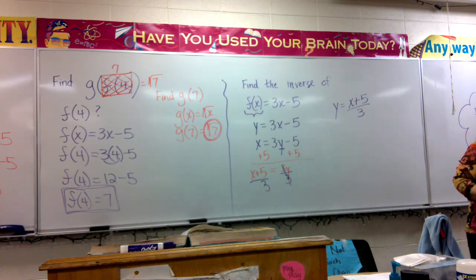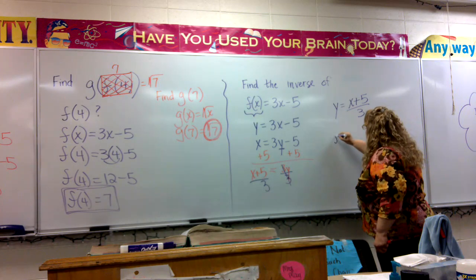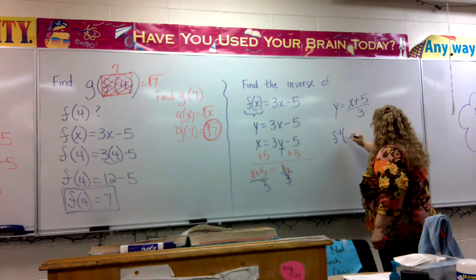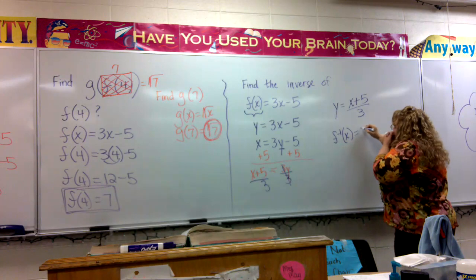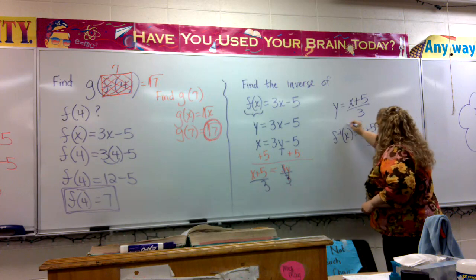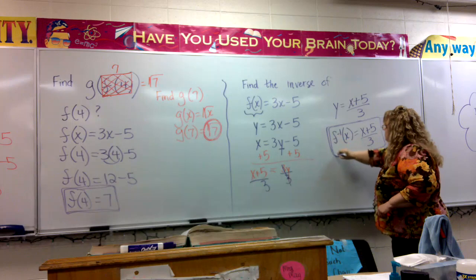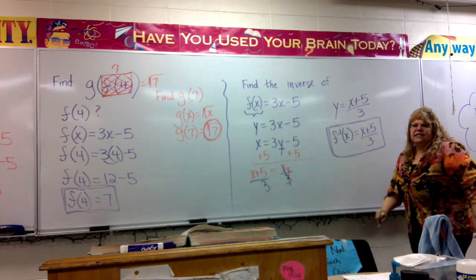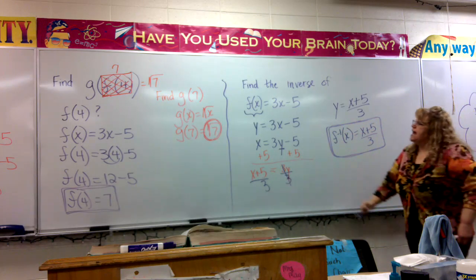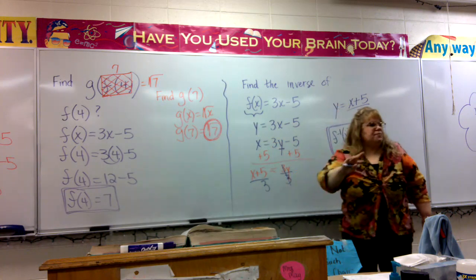That is the inverse. We're not quite done yet. We want it in function notation. So the symbol for the inverse of a function is that. See that? That right there is your inverse. I think that's fairly easy, right? You take out the f of x and you put a y there. Then you swap the x and y.